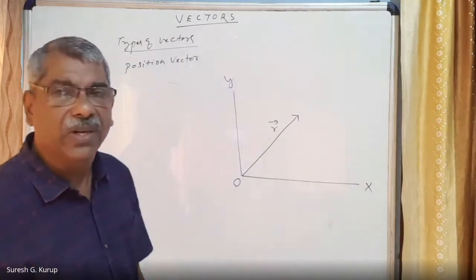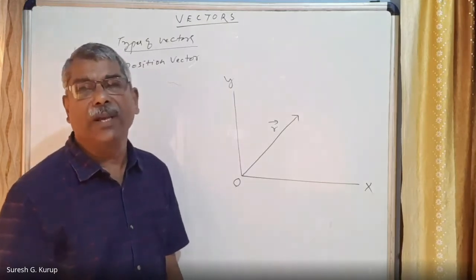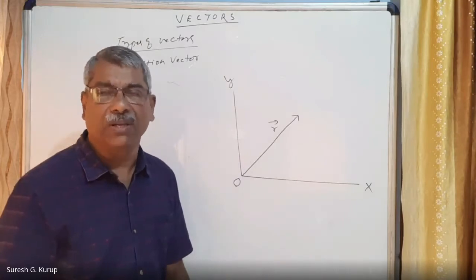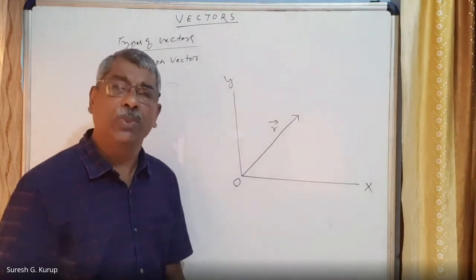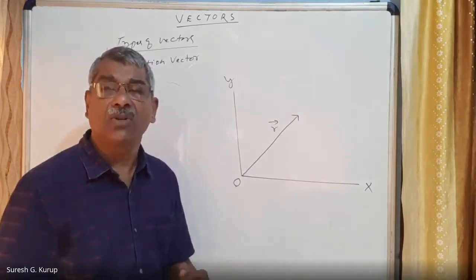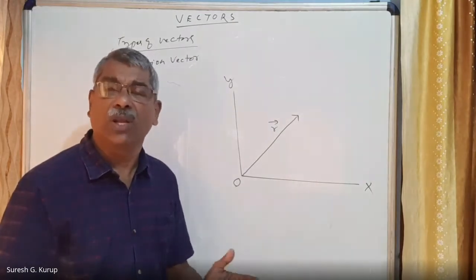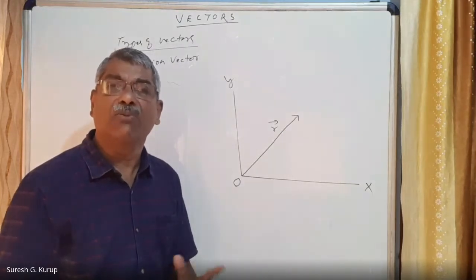So the position vector is very important because using position vectors, we can calculate the displacement of an object. If displacement is known, then the velocity of the object can be calculated. If velocity is known, acceleration also can be calculated, because velocity is the rate of change of displacement and acceleration is the rate of change of velocity.